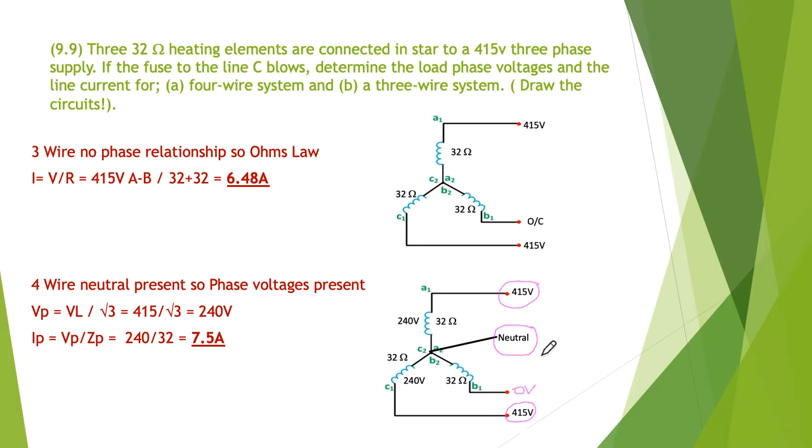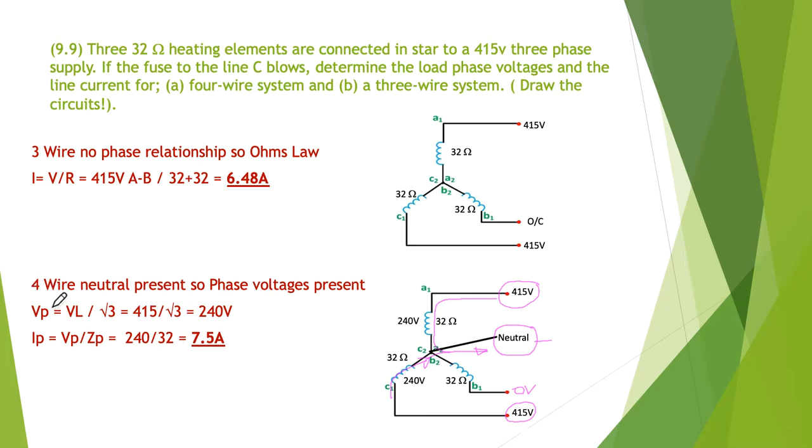But because the neutral is present, we're still going to get current, possibly through here, and current also possibly through here. Well, we are, because it's out of balance.